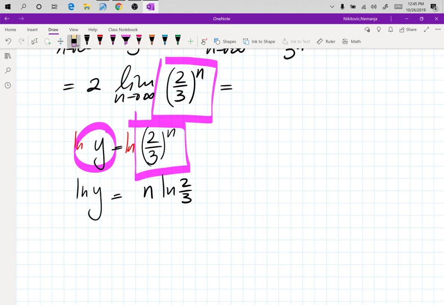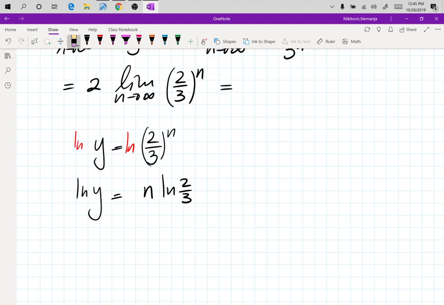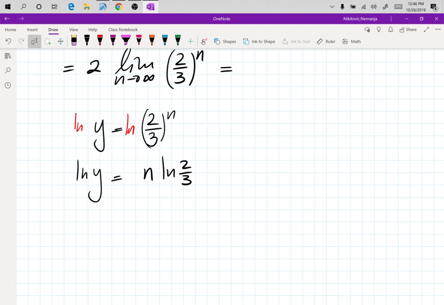So I ln both sides, and what I have is this. So what do I do now? You could differentiate using a property. No, I'm not differentiating. I'm taking the limit, right?